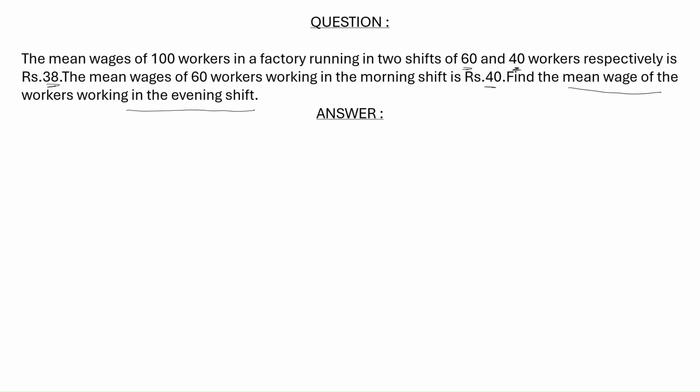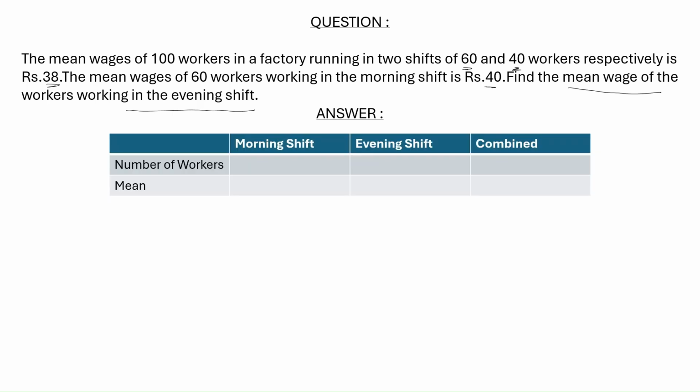To understand this question, we're going to take the help of a table. The number of workers, let it be denoted by N1 in the morning shift, N2 in the evening shift. This is given as 60, this is given as 40. So combined N1 plus N2 will be 100.